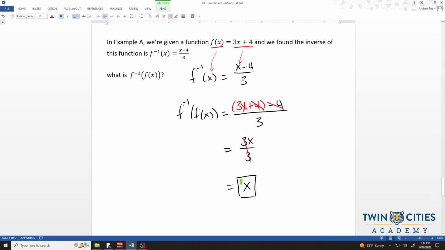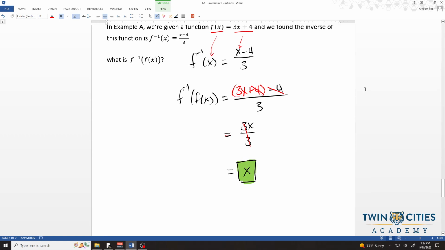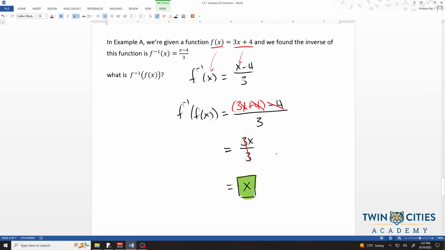Interesting. And that's because if you use function composition with two functions that are inverses, you will always get back just x. Let me say that one more time. If you use function composition where the functions are inverses of each other, you will always get back just x.